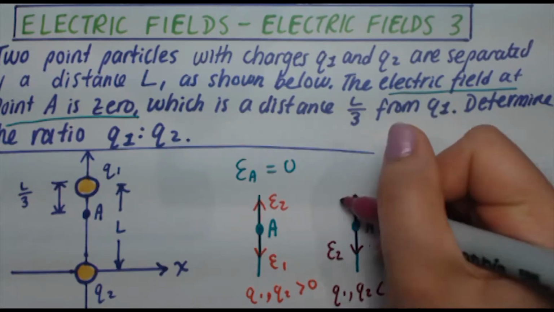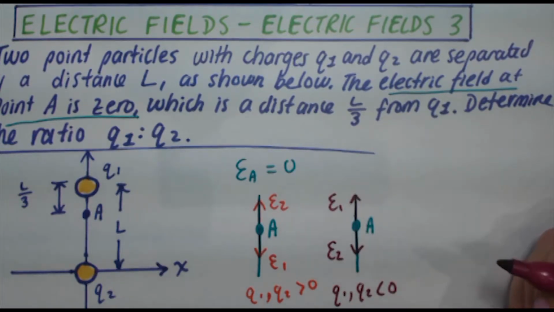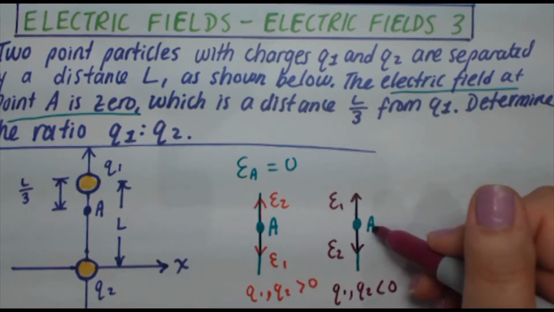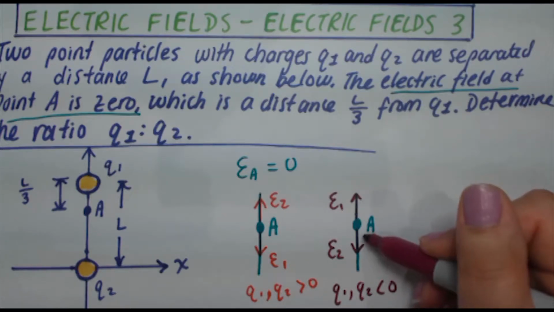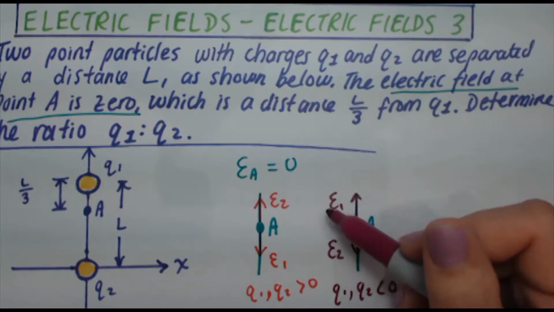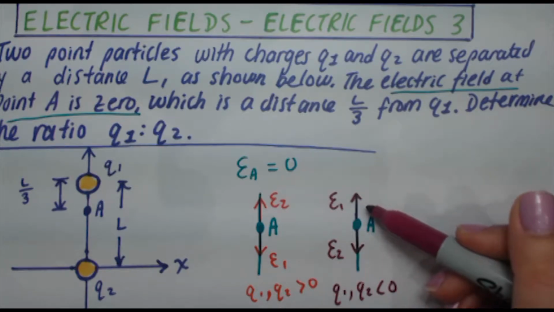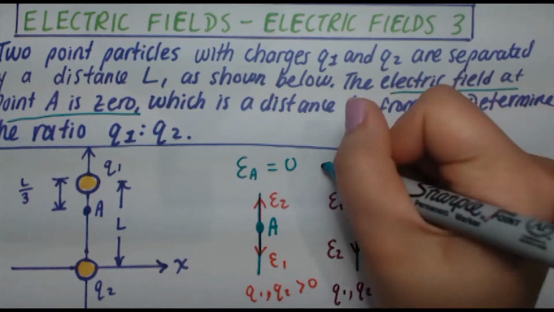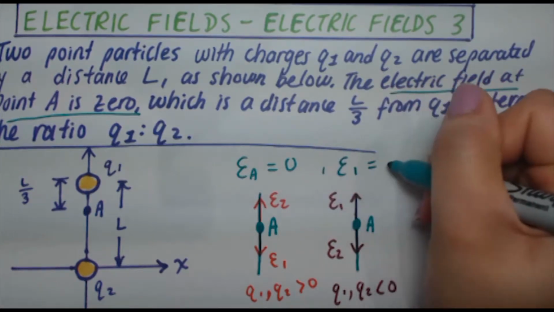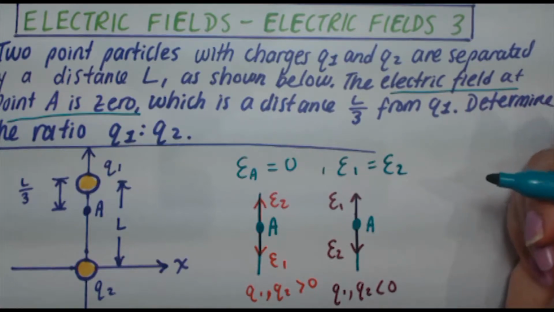This would be the electric field due to 1. But notice that in both cases, the magnitudes of the two electric fields have to be equal. They're still opposite in direction, but the magnitudes are equal. So it doesn't matter which case. Based on these pictures, EA is 0, and we also know that E1 has to be set equal to E2.